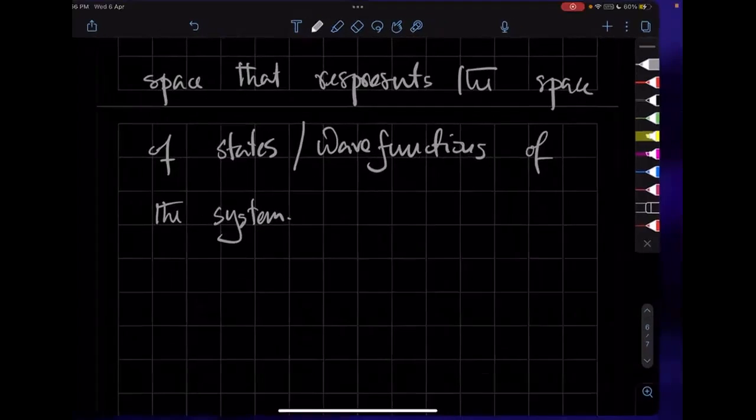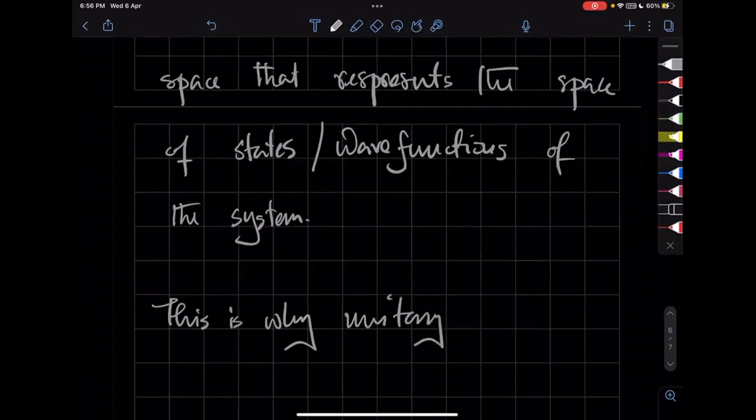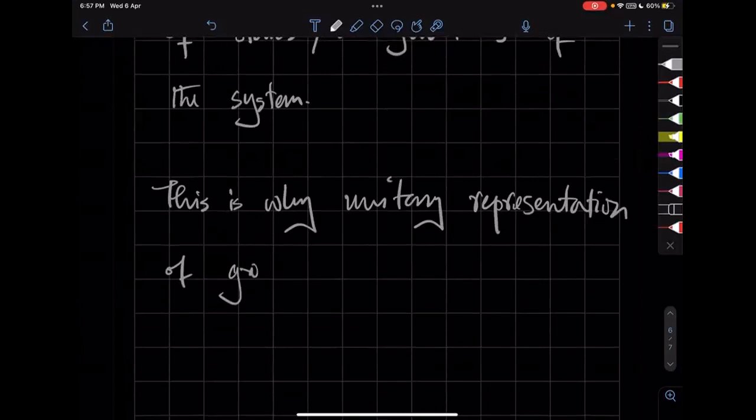This is why unitary representations of groups are so important. Okay, is that clear, the motivation?